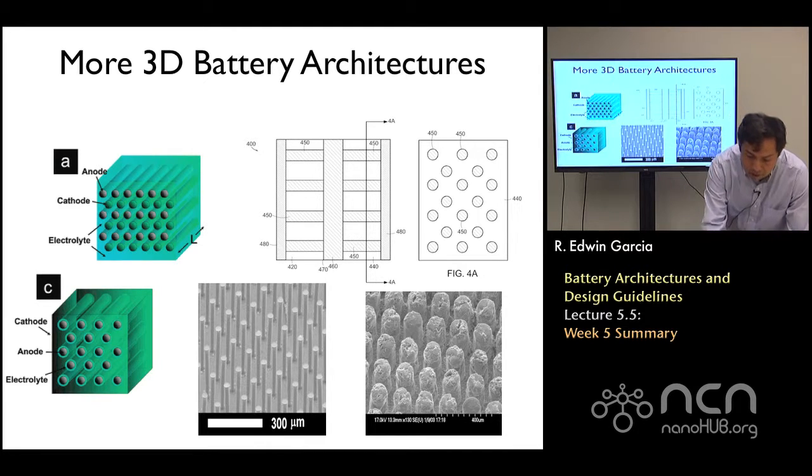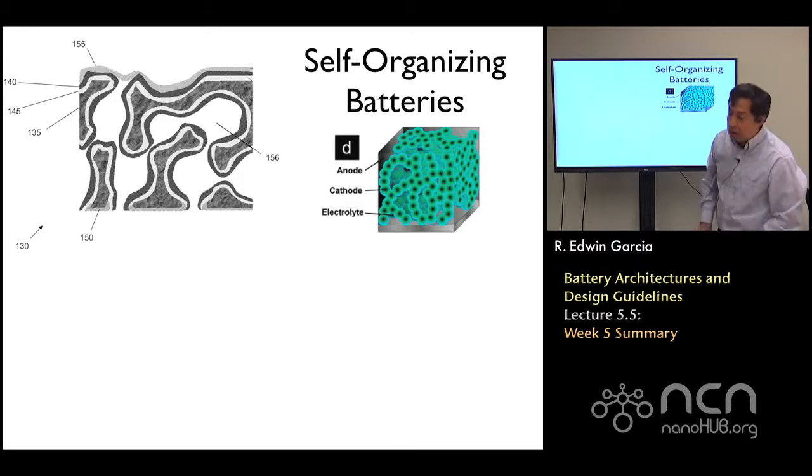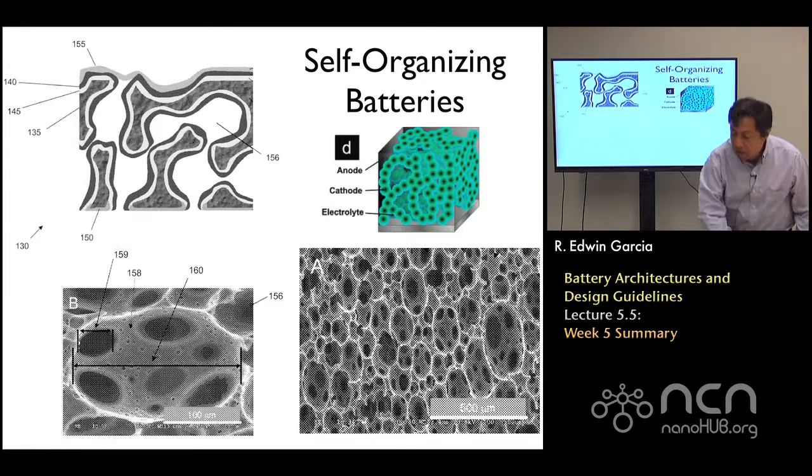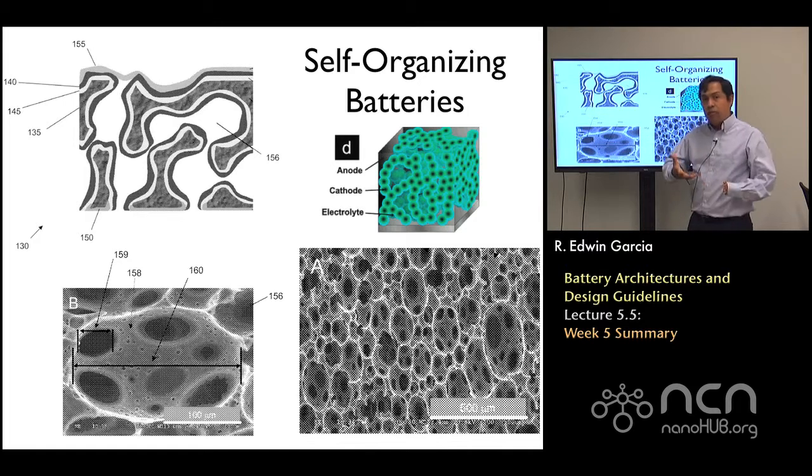Other structures that people have been trying to define are what are referred to as self-organized batteries, where in this case you want to still maintain the bicontinuity of both the cathode and the electrolyte. And things that people have tried is things like, for example, foams, okay, where the foam structure itself can become one electrode.